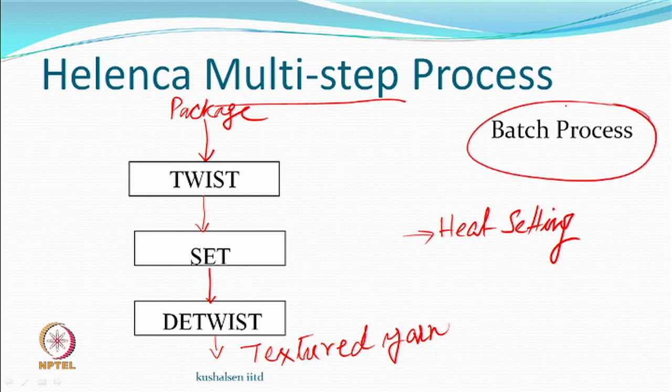So, you will do many batches in one way, maybe there are many spinning heads, spindles where you are twisting. Then you take the packages, put them somewhere for setting, then take them out, cool them, detwist, and then get another package where you will have textured yarn. So, this is a multi-step process which is a batch process.